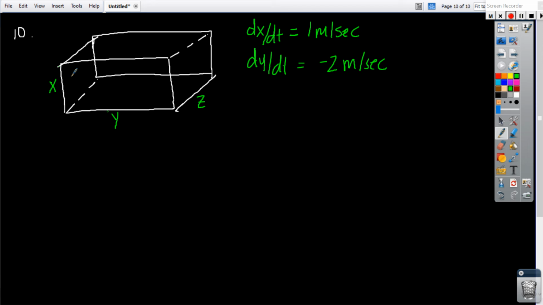And so since y is my length, every second, while it's getting taller, it's coming in this way, more like a square. And dz/dt is 1 meter per second, just like x. And so z is also getting bigger by 1 meter per second.